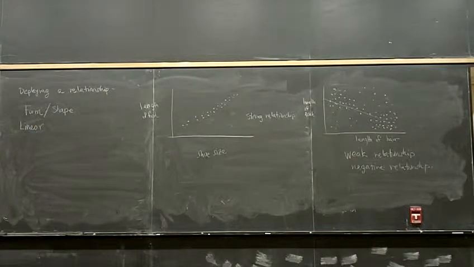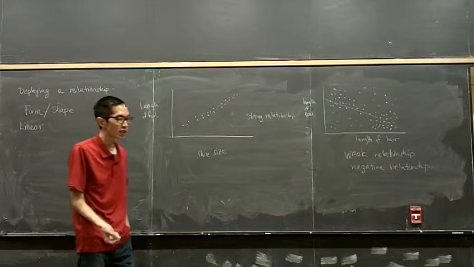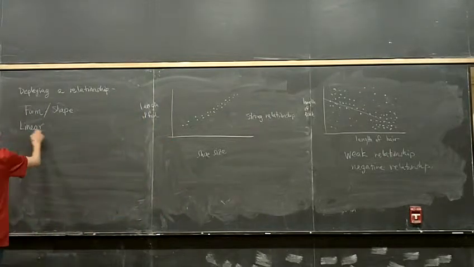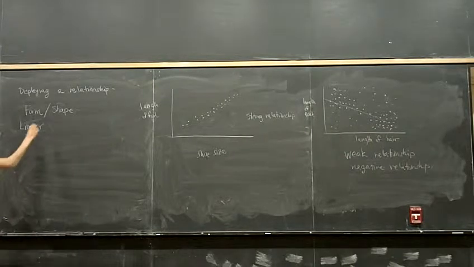A linear relationship means the overall trend can be described with a straight line. Within the word linear, you see the word line.